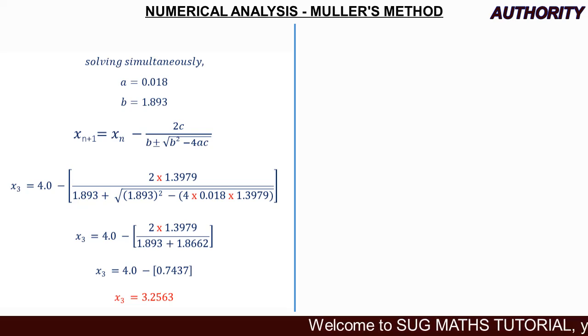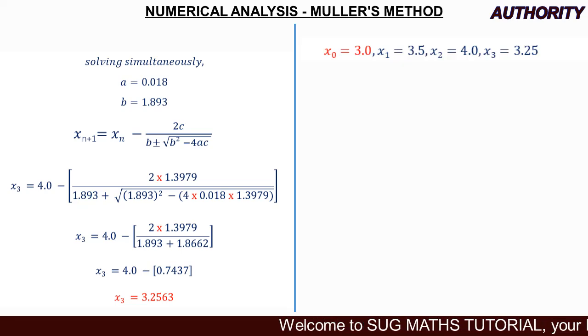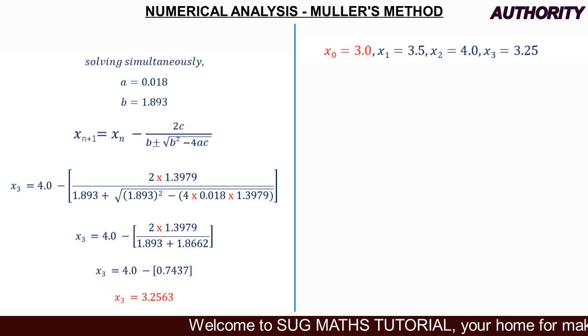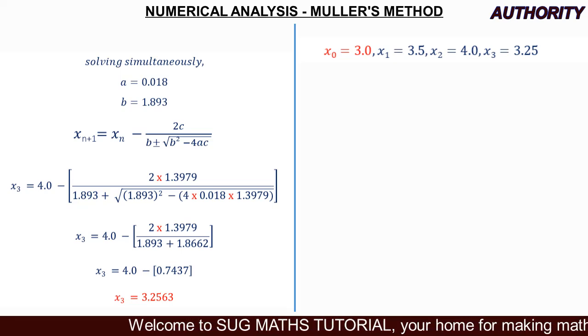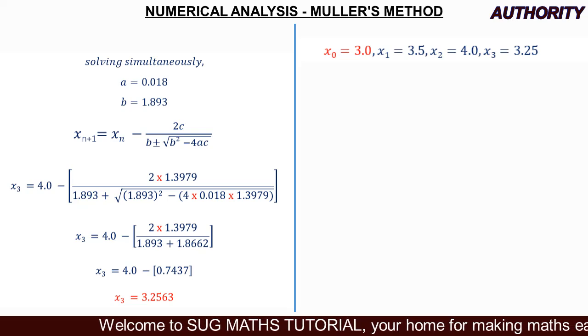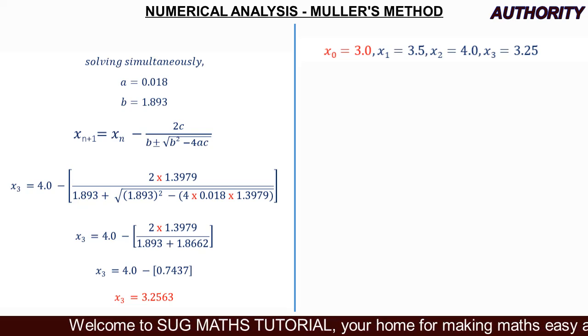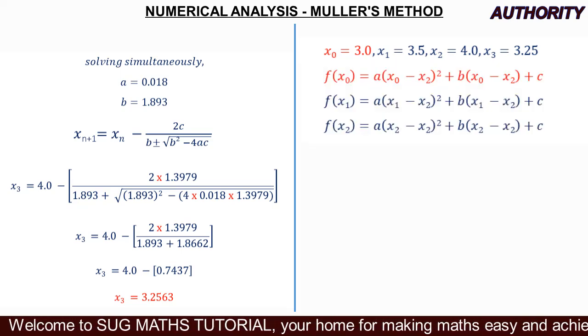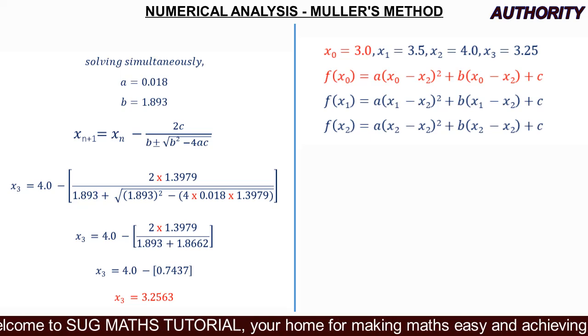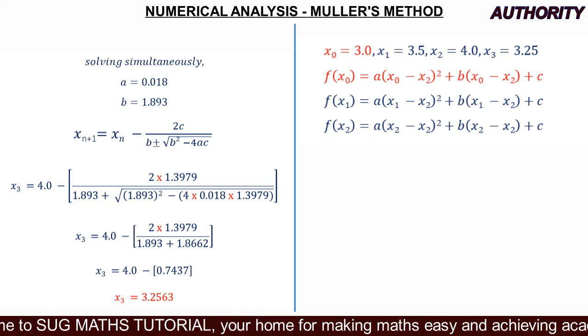Now look at it. Here we have x0, x1, x2, and x3. Before that, we didn't have x3; we just had x0, x1, and x2, and we formed a formula with f of x0, f of x1, and f of x2. But in this case now, we have x3.